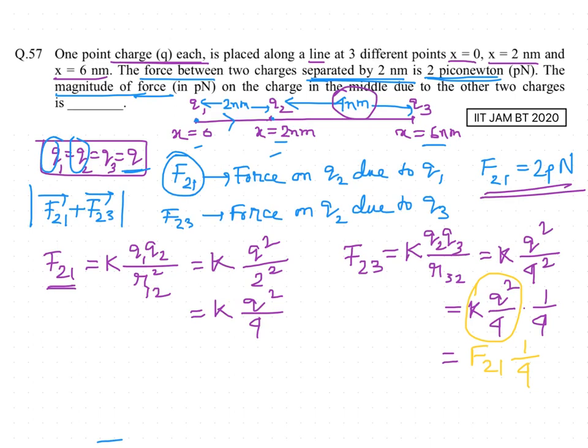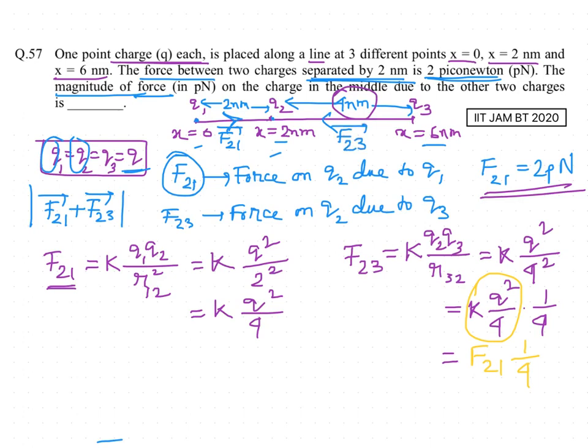Okay, so if the force on Q2 due to Q1 is along this side, then F23, that is the force on Q2 due to Q3, would be along this side. Okay, so this is F21 and this is F23.